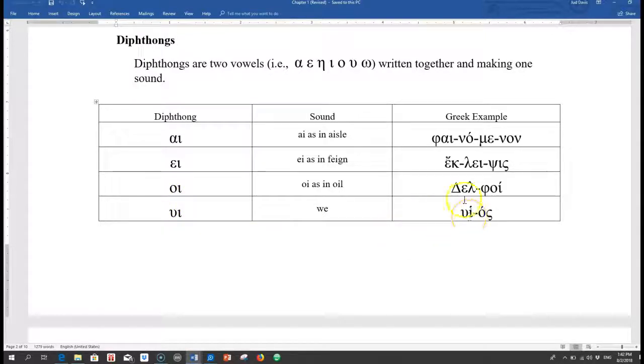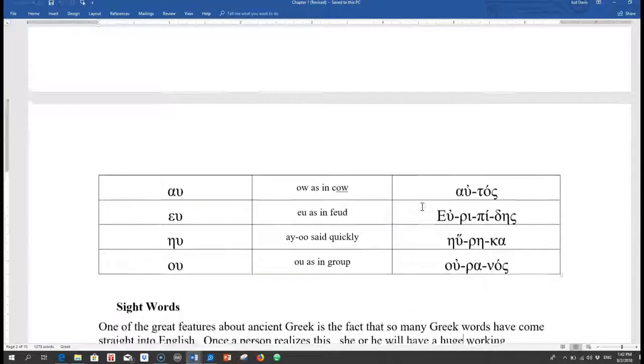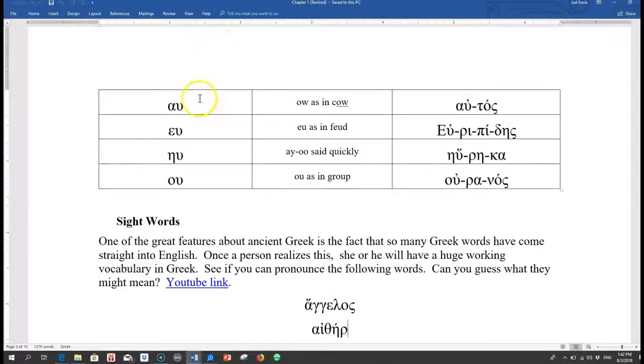So with a rough breathing, it's huios. This is the word for son, like son of God. This is ow. This is eu, said quickly, feud, Euripides, eureka, I have found it. And then u as in group, uranos.